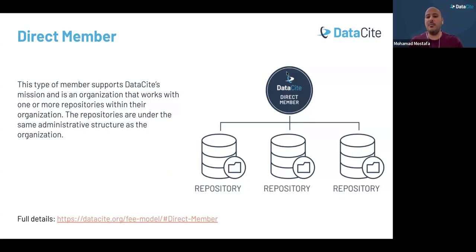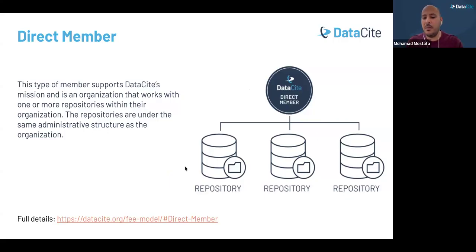In this case, for example, if a university or a research organization wishes to join DataCite, you will get the opportunity as a direct member to connect the different systems and repositories that the university or institution is maintaining.